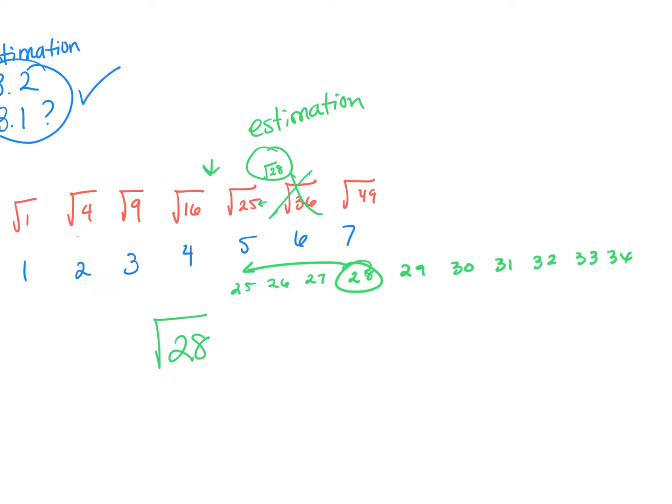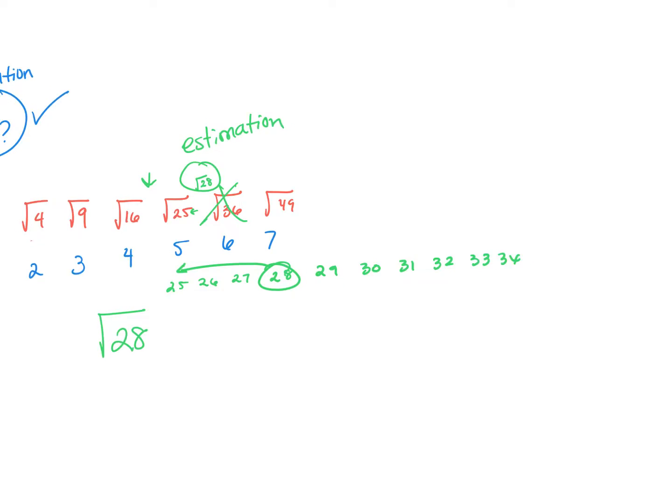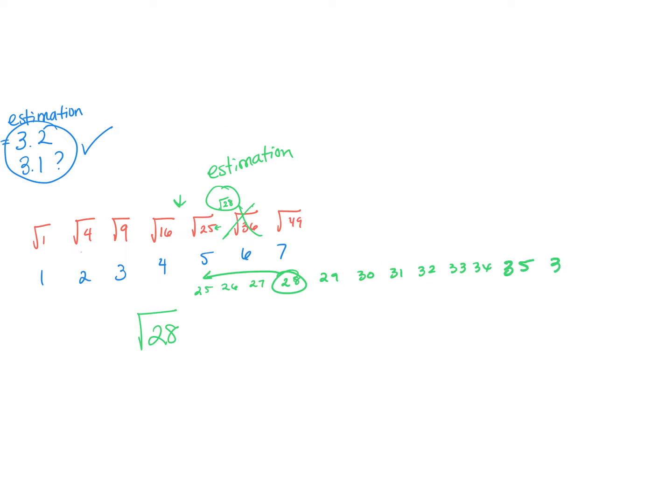Actually, let me finish that. 34, 35, 36. Here we go. What is the square root of 36? 6. What is the square root of 25? 5. 28 is closer to 5 than 6. So the square root of 28 equals 5 point, I don't know what, 4, right?